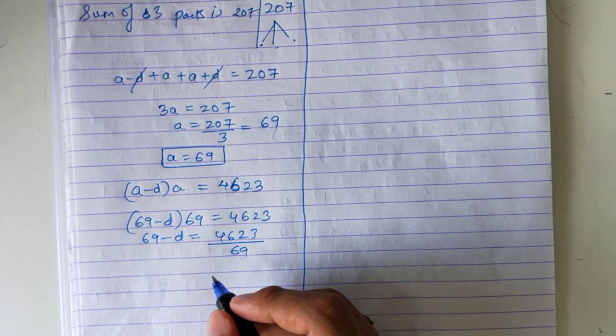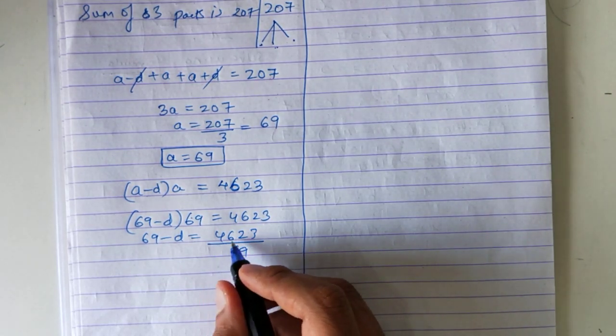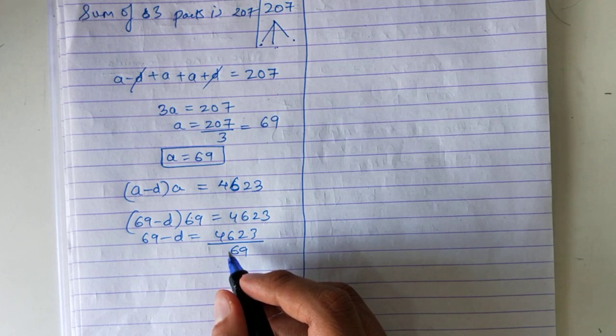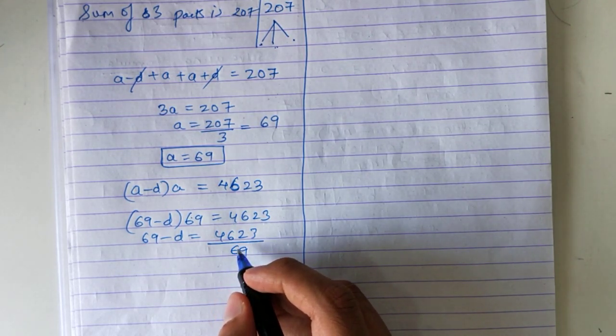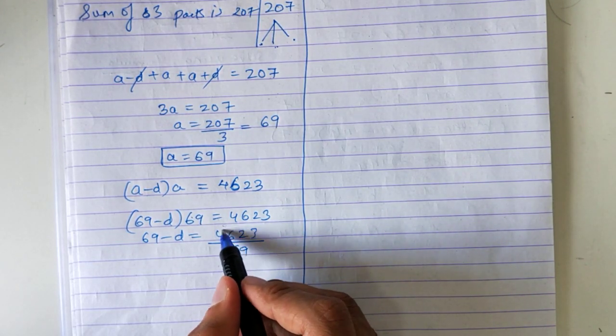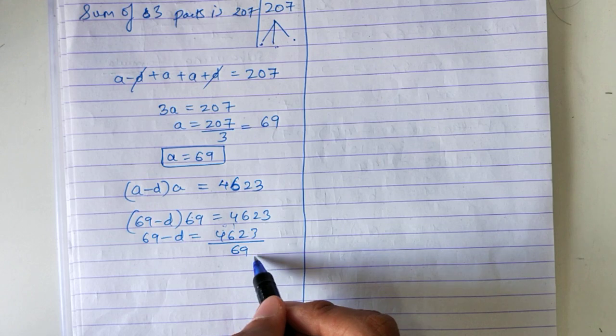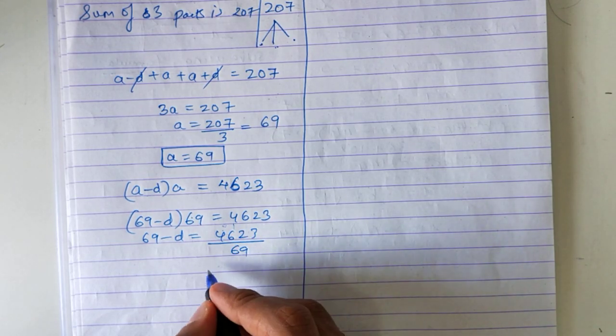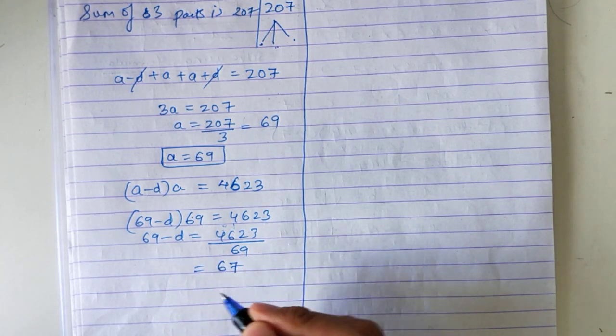Divide it with 23. This 4623 is easily divisible by 23. So 23 2s are 46, 23 3s are 69, 23 1s are 23, 3 7s are 21. You will get the answer as 67.